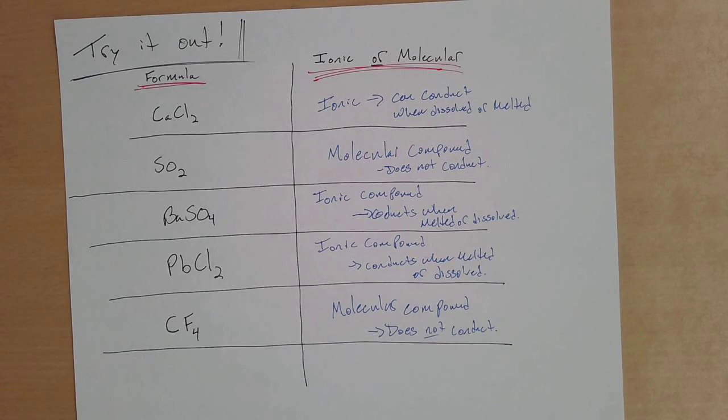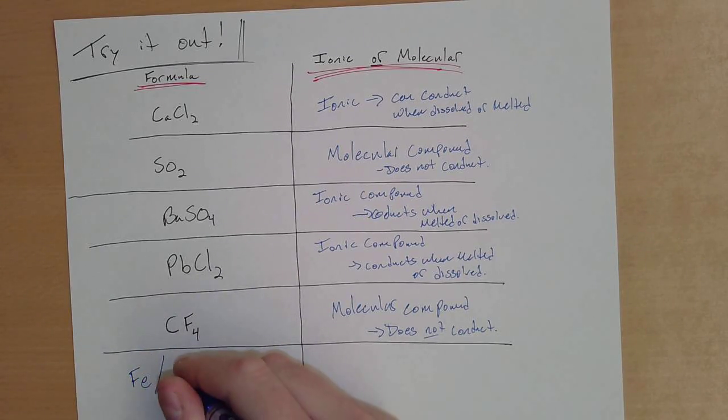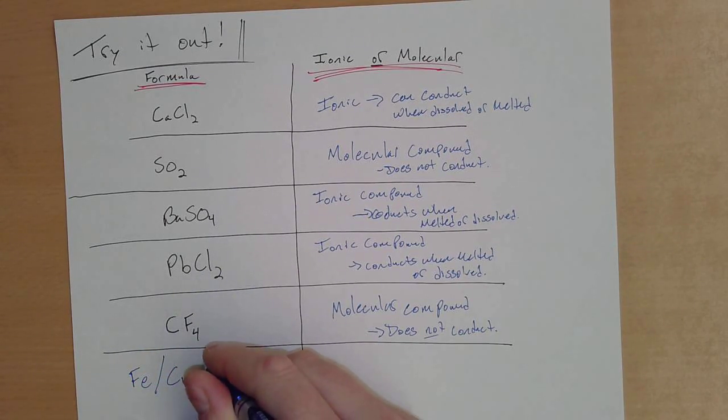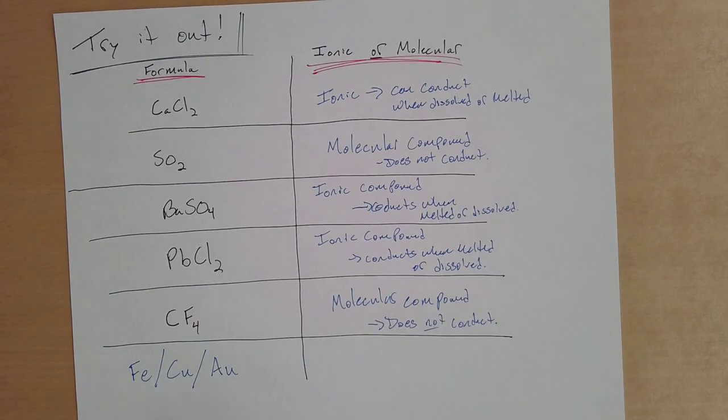Now, there is one other thing that does conduct too, and that's just if we have a metal. So our Fe, our Cu, our gold, right? All of these things are just metals. So they're metal compounds. They have electrons that are moving between each other. They're being passed around slightly. So just know that they are moving.